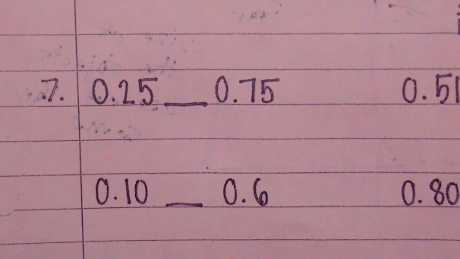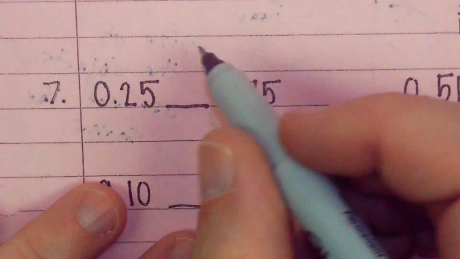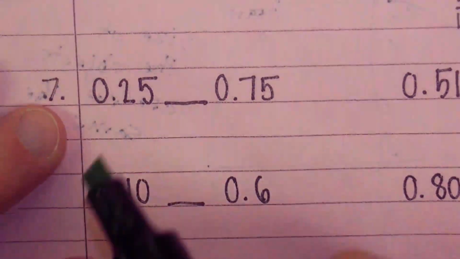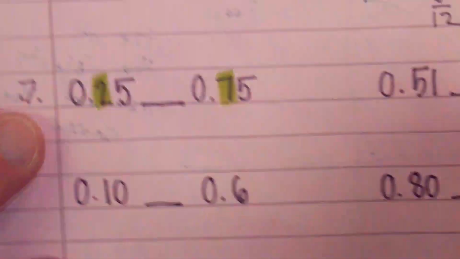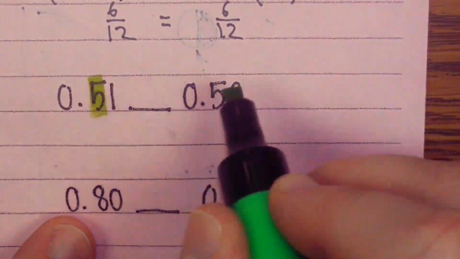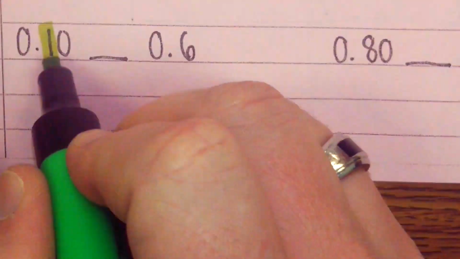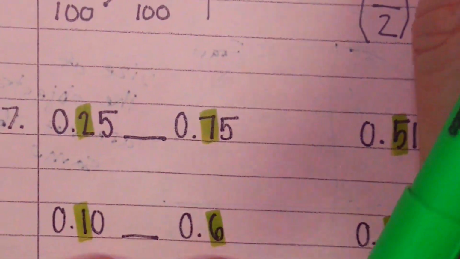All right, you have to tell me which one's greater, which one's less, or if they're equal. I'm going to point out something that I like to point out for every single decimal comparison: you always look at the green strips first, the tenths, because the tenths are the bigger number. Until you know which number has more tenths, it really doesn't matter how many hundredths there are.